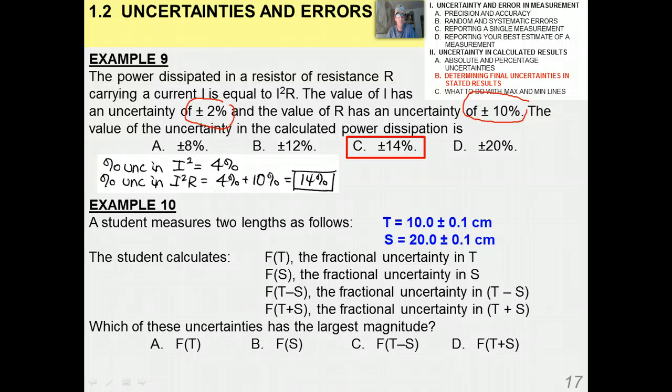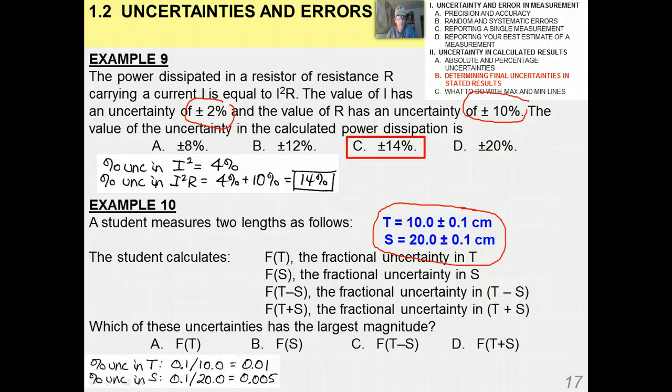Try this example, example 10. Another great past paper question from paper 1, okay? A student measures two lengths as follows. The student calculates all these different things, okay? Which of these uncertainties has the largest magnitude? Well, okay, the percent uncertainty in T, and remember, you're doing this without a calculator, I should remind you, okay?